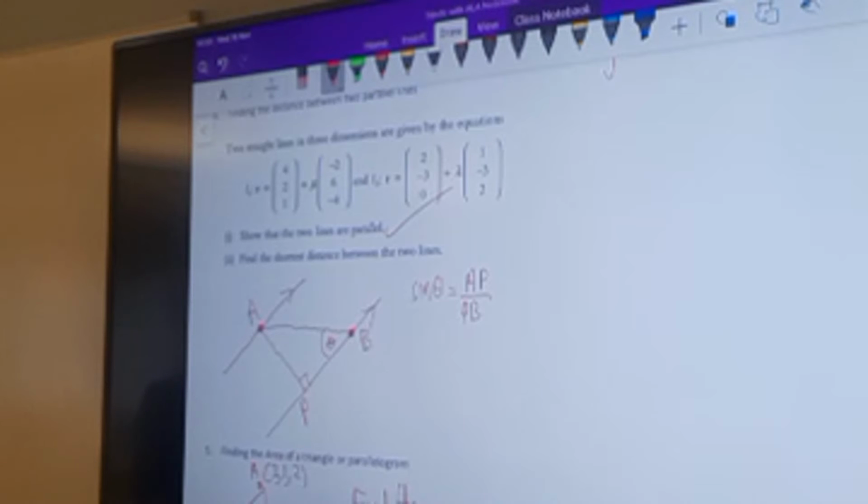If we call this line 1, that's the direction vector d1. We're trying to find AP. So AP equals AB sine theta.